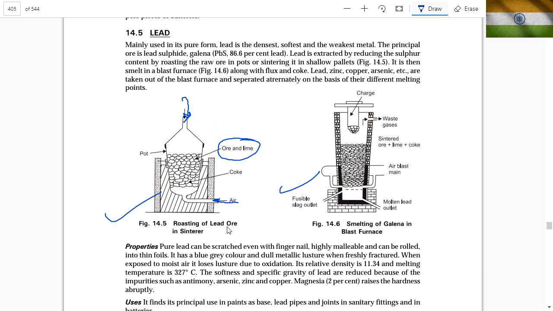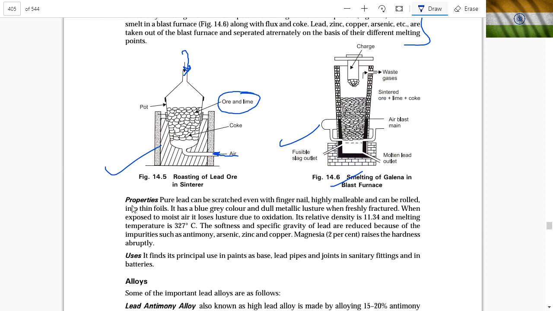And roasting is done, and then that roasted material is used for further processing. This is melting of the galena in the blast furnace. This is the melting process. We are not bothered about the exact procedure, but you just read everything. Be concerned about the properties.